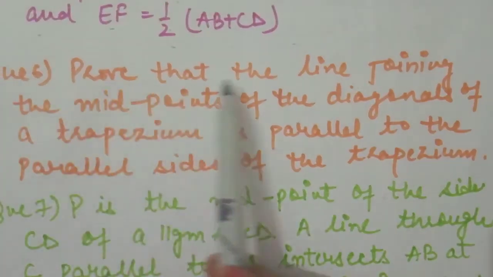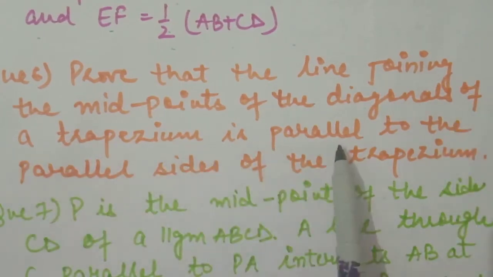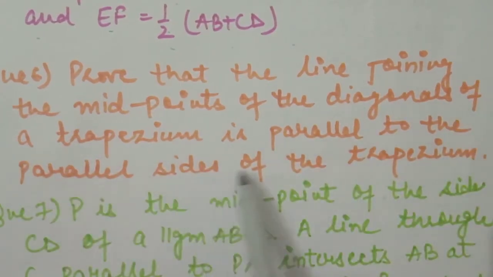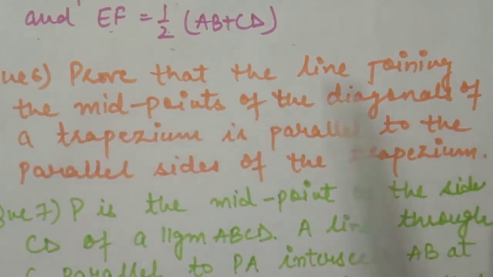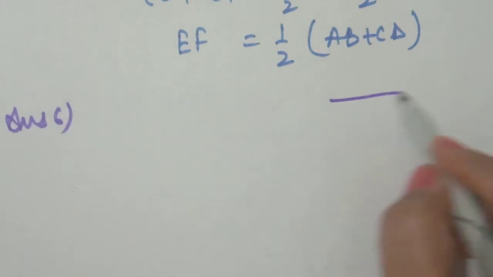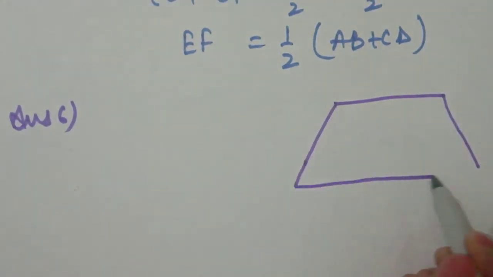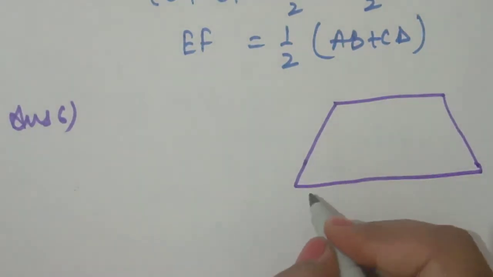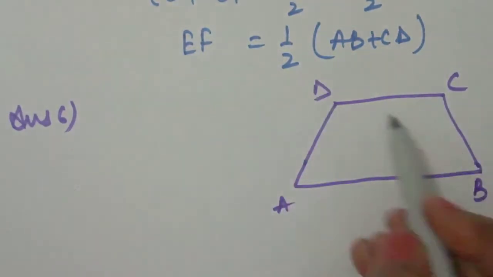Sixth question was: prove that the line joining the midpoints of the diagonals of a trapezium is parallel to the parallel sides of the trapezium. So students, first of all, we have to draw a diagram for question number 6. This is a trapezium ABCD.